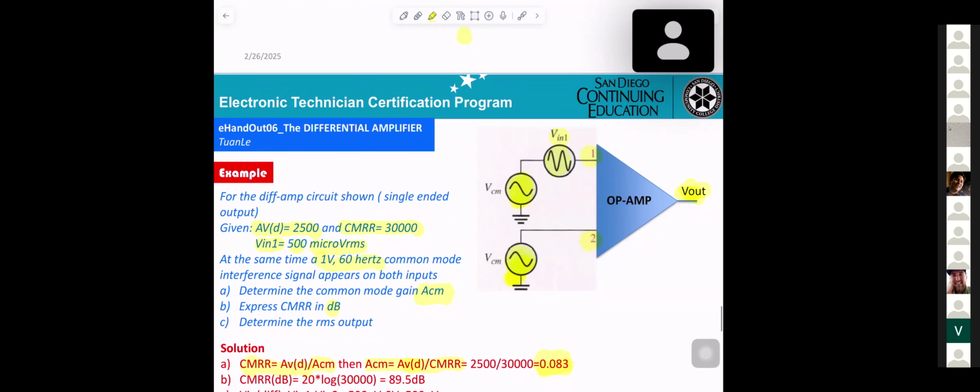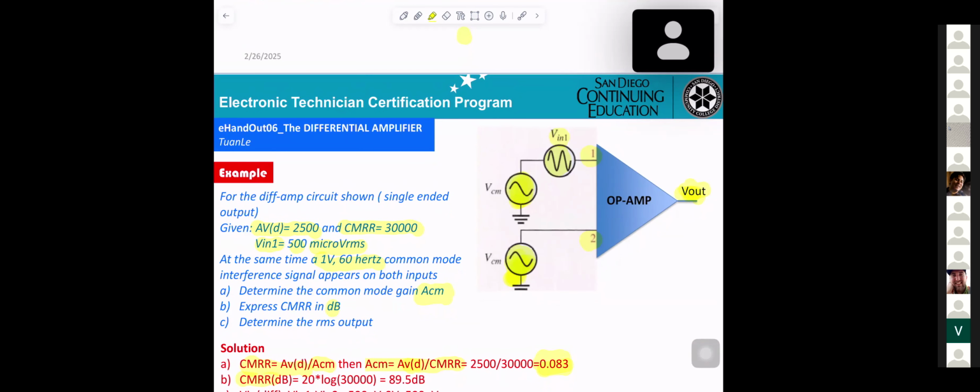So you want to calculate what ACM equals. So ACM equals AVD divided by the common mode rejection given to you. That is the gain of the common mode. Okay?